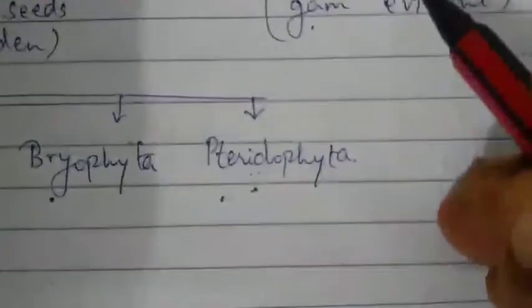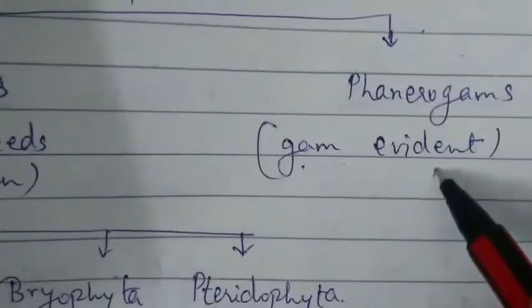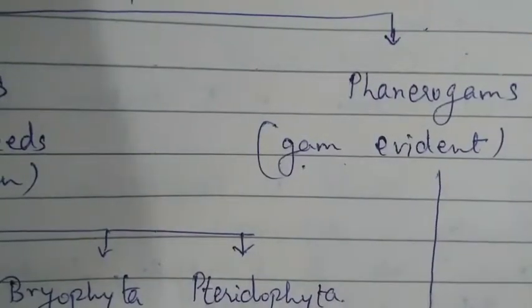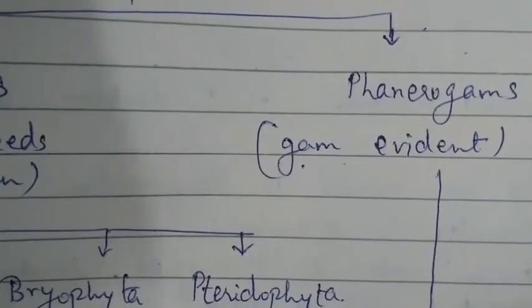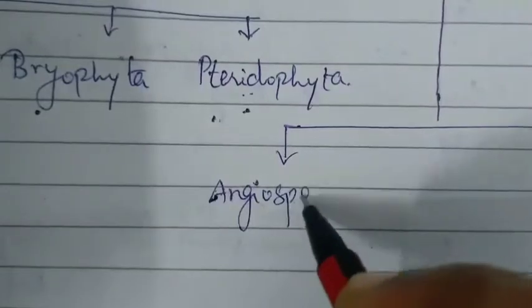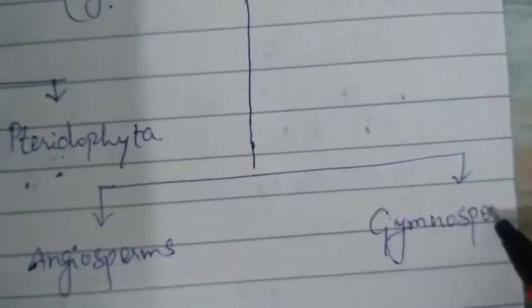Now coming to phanerogams, they are classified into 2 divisions. That is, if you remember, one is angiosperms and the second one is gymnosperms. What is meant by angiosperms?